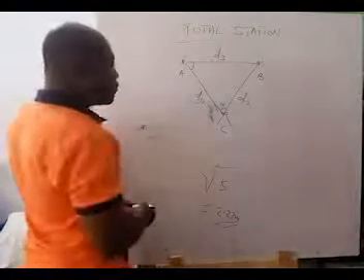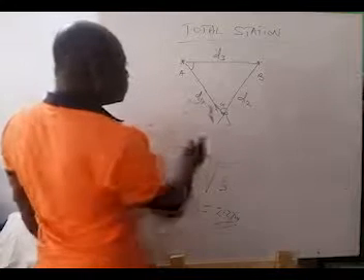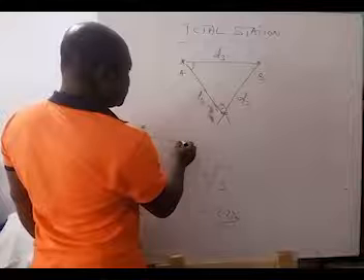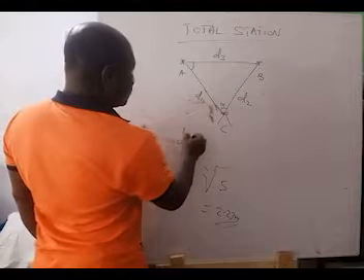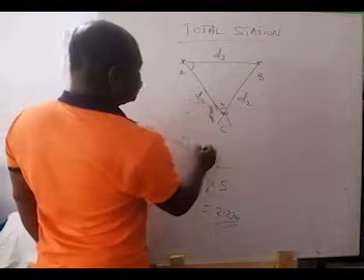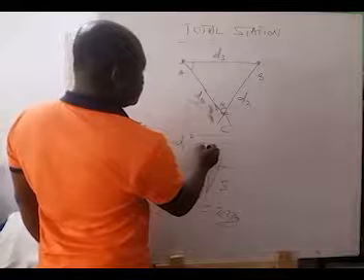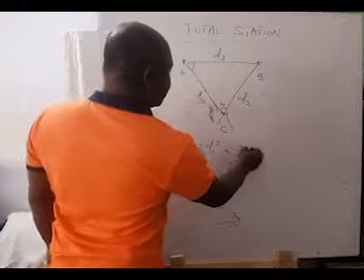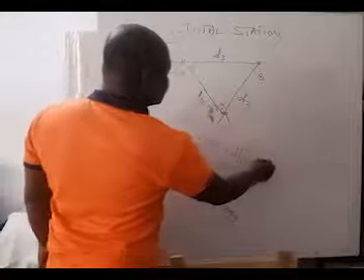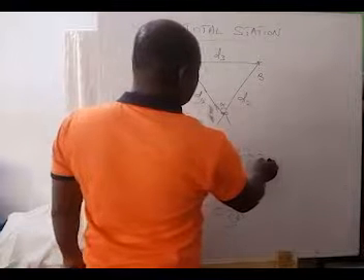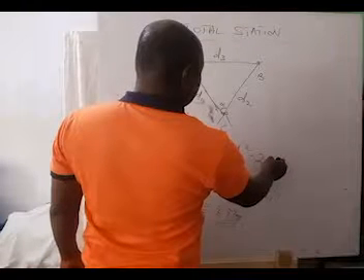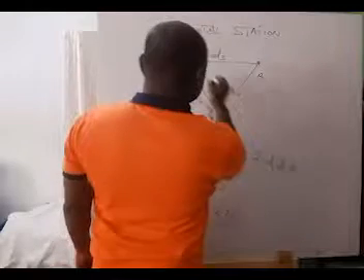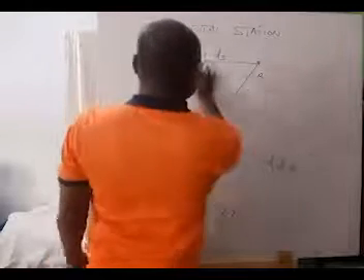So we use the cosine rule, which says that D2 squared is equal to D1 squared plus D3 squared minus 2 D1 D3 cos, let's say this alpha, no, this is beta.